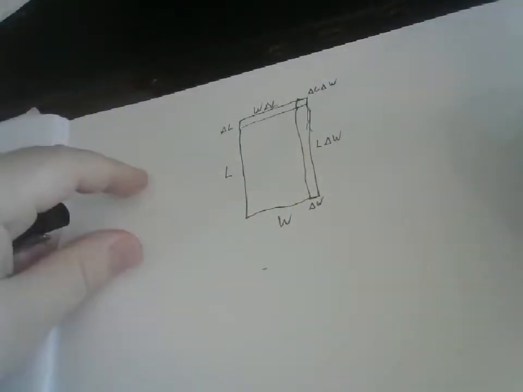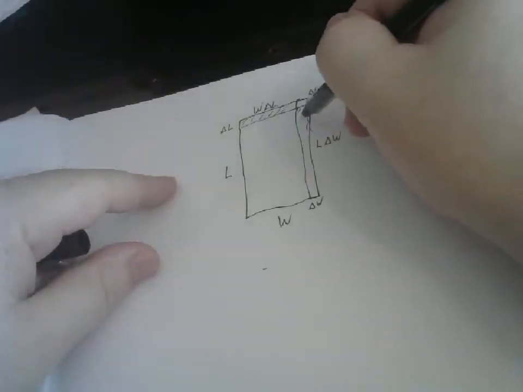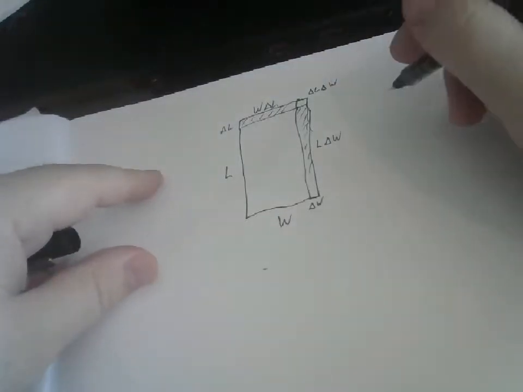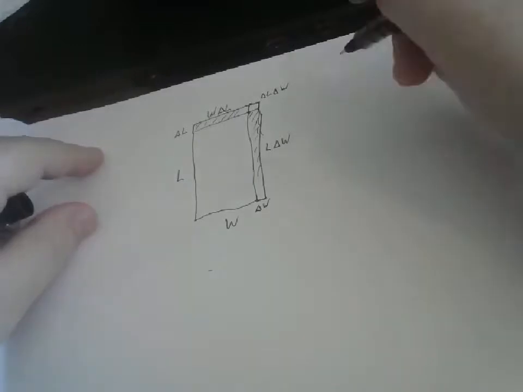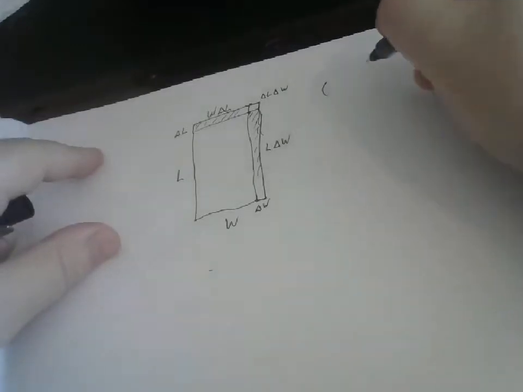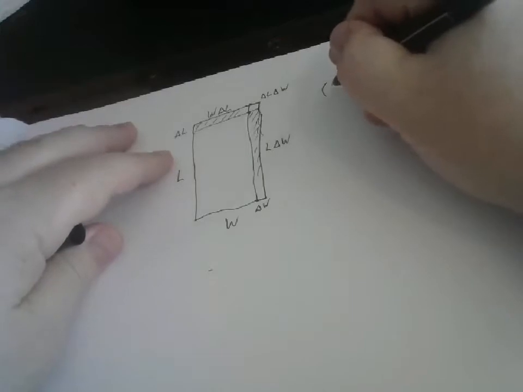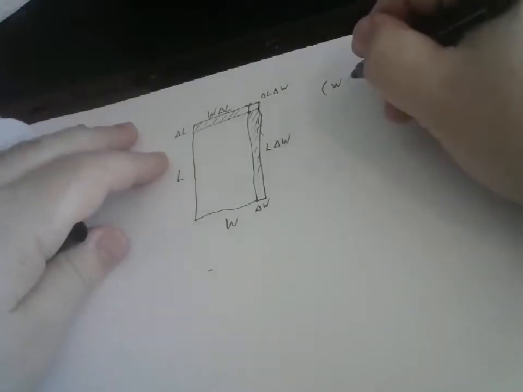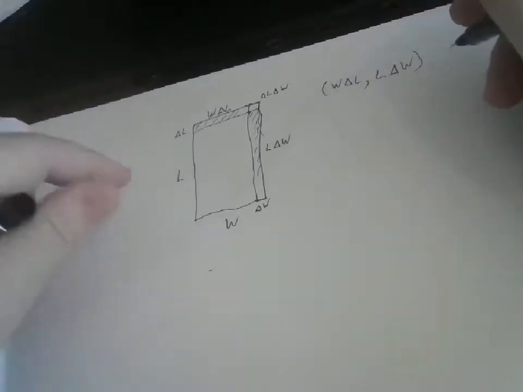So if we want to just think about the area of this plus this, we can think of a vector. This might be a little weird way of thinking of it, and I'm not sure if this is the best proof, but we've got a vector W delta L, comma, L delta W. That's our vector.